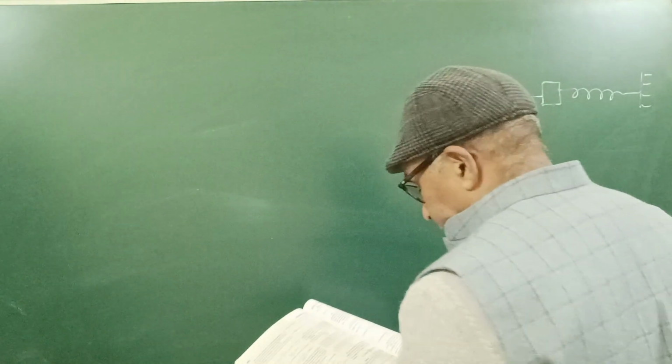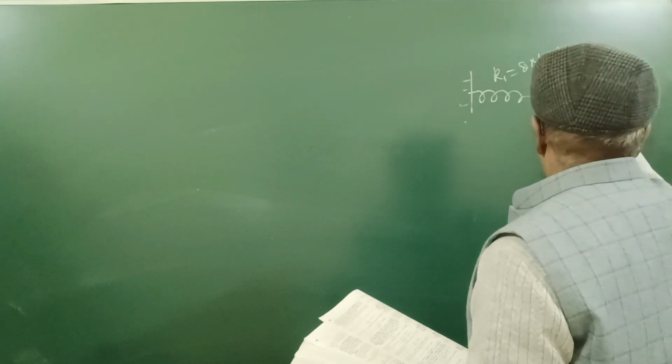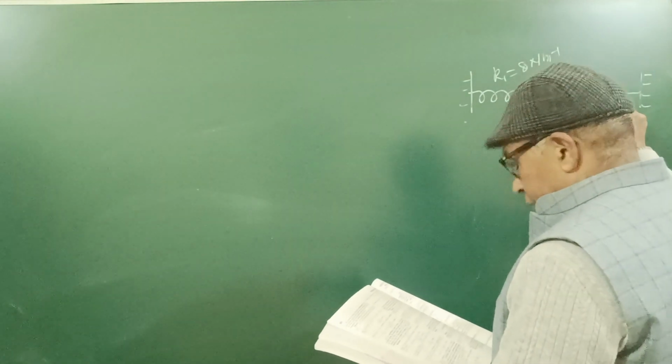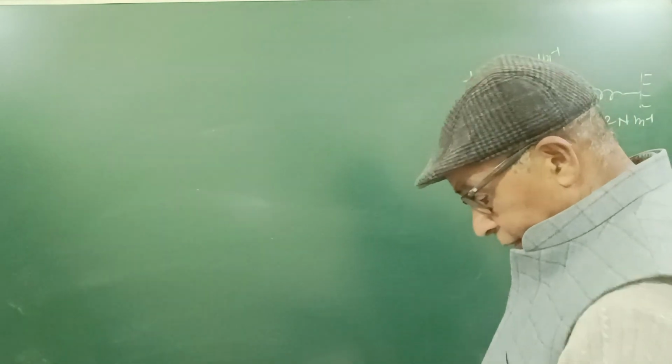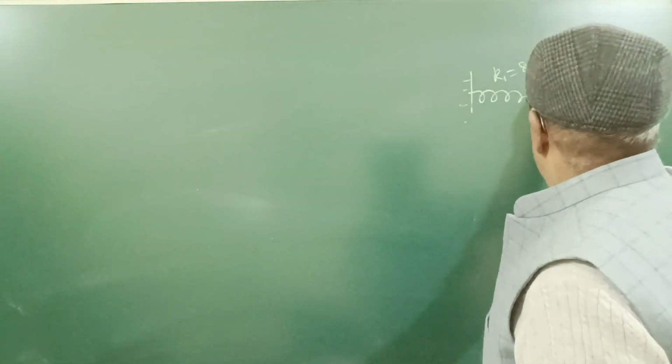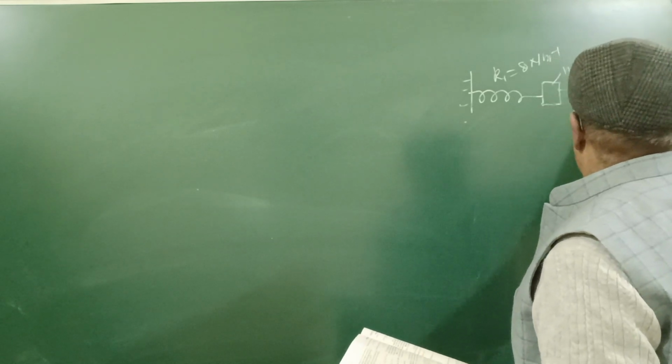Their spring constants are K1 = 8 Newton per meter and K2 = 2 Newton per meter. Mass M is equal to 0.1 kg.